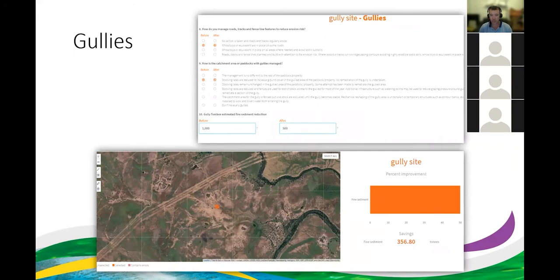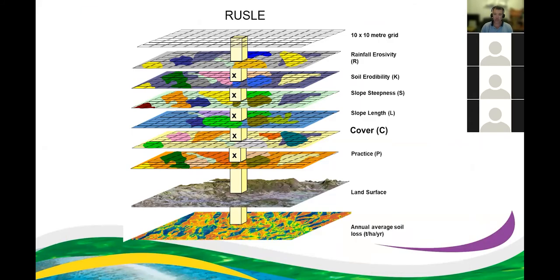Is it cover or biomass or both? The universal soil loss equation takes cover, it's actually the C factor, which is derived from cover. So we're looking at what the actual cover is across a 10-year period.